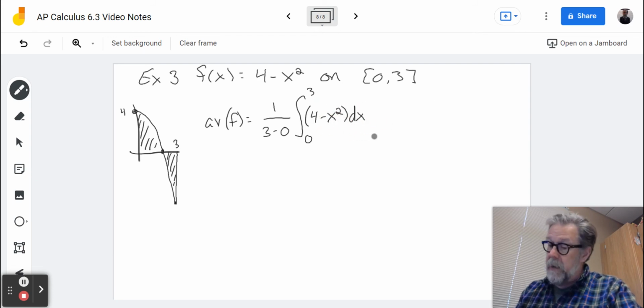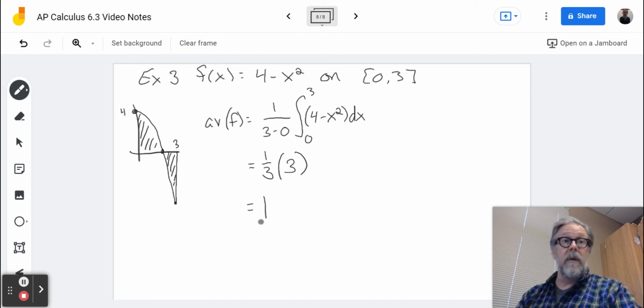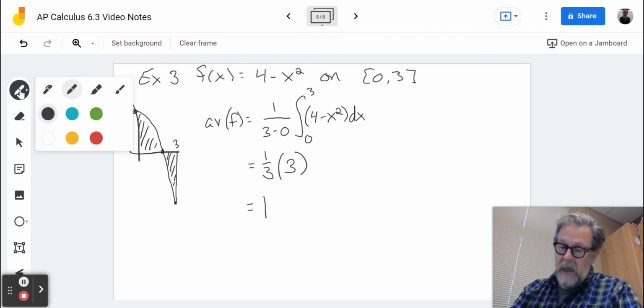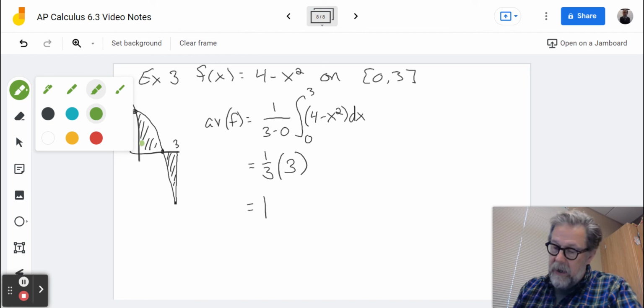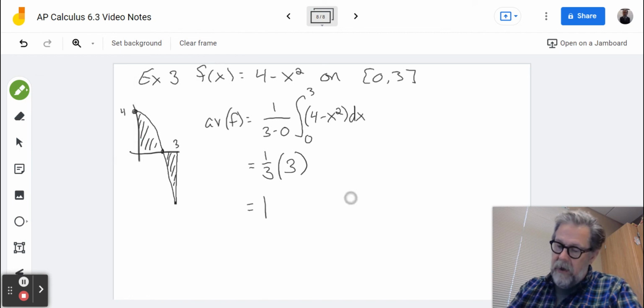I can plug this into my calculator because using my numeric integration program, I get that the shaded area is 3, which means that the average value of this function is 1. So let's take a look at where that is. The average value of this function is 1.